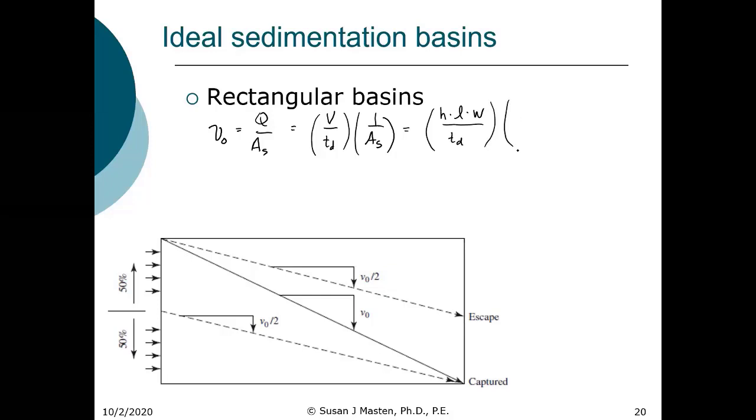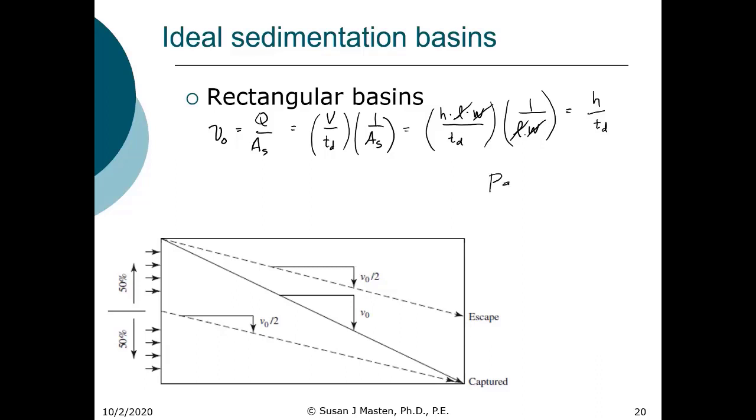And your surface area is the length times the width. So it's the surface looking down. Length cancels, width cancels. So your overflow rate is actually a function of the height of the basin and the detention time in the basin.